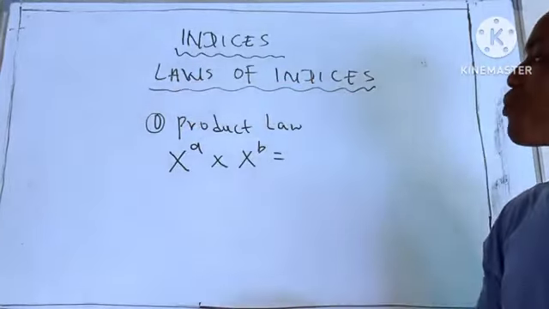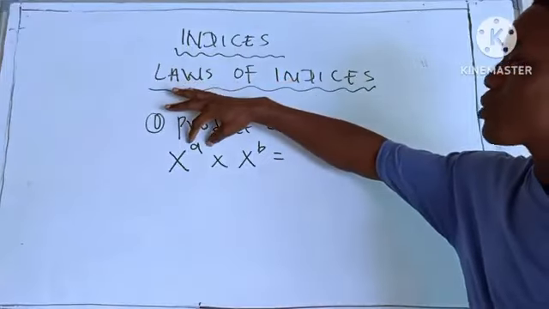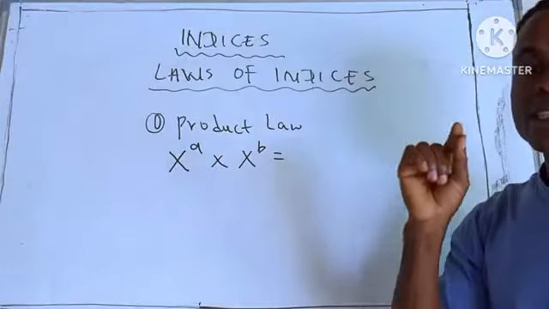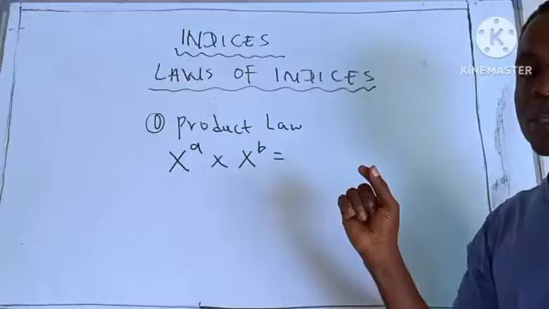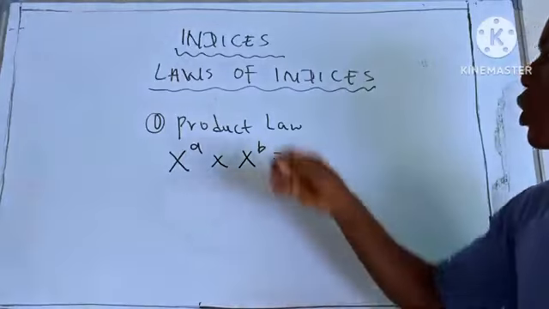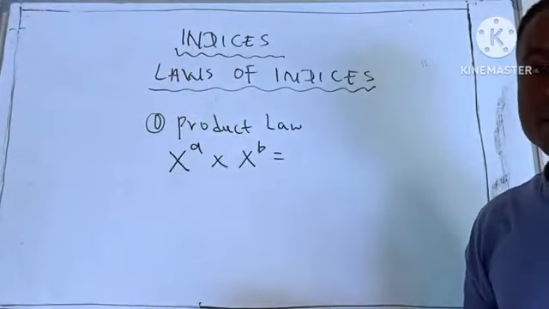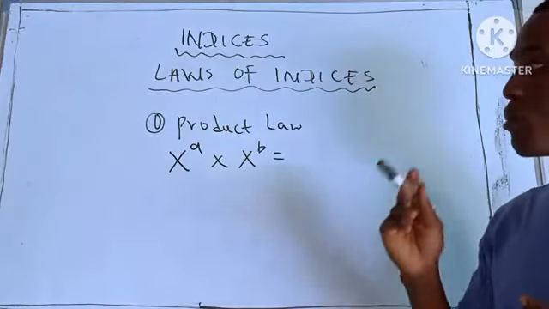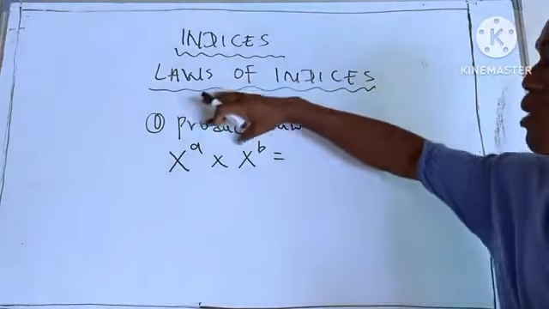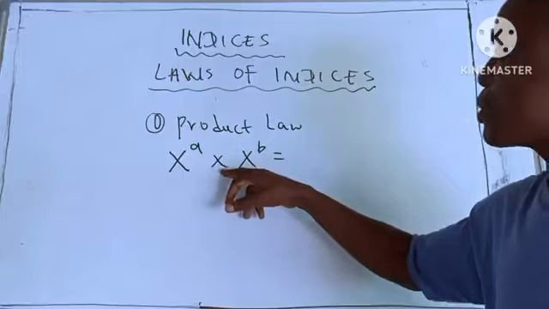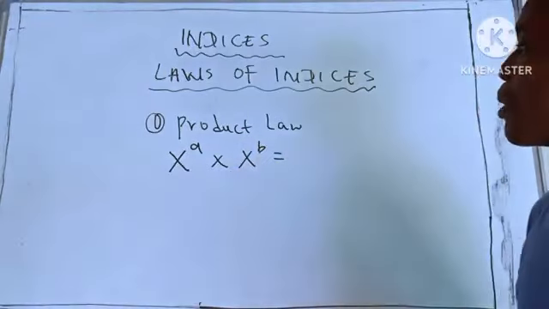Whenever you see a particular number or alphabet on top, we call it index numbers or index alphabet, or you can call them exponents. So any name I use, please don't be confused. I'm referring to the upper ones.